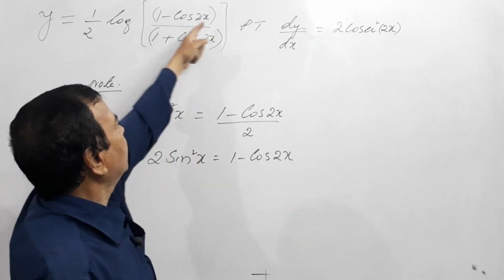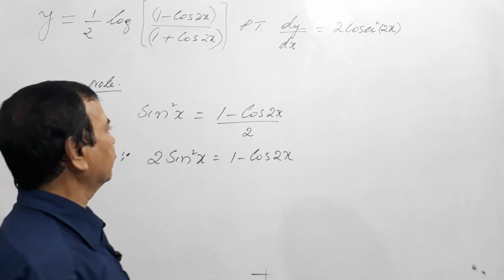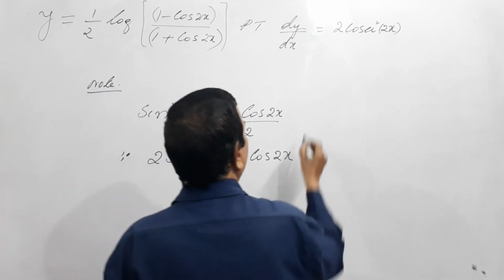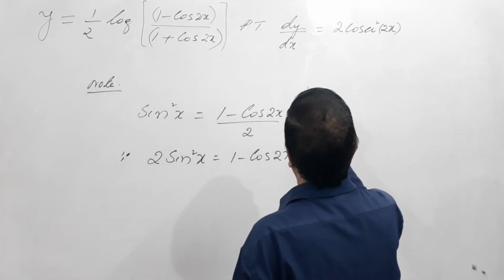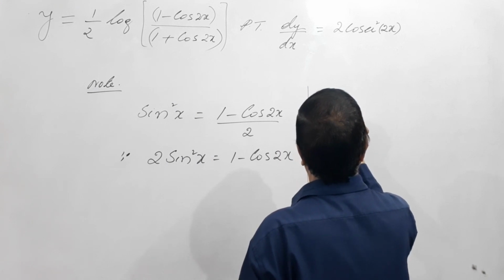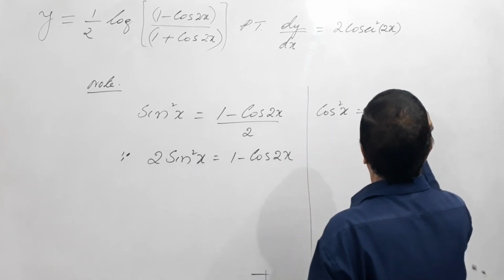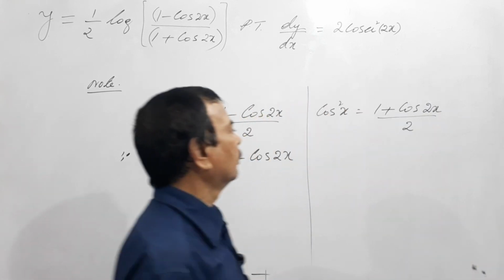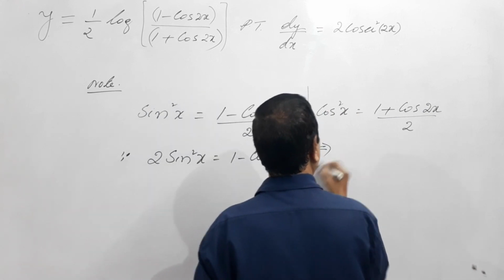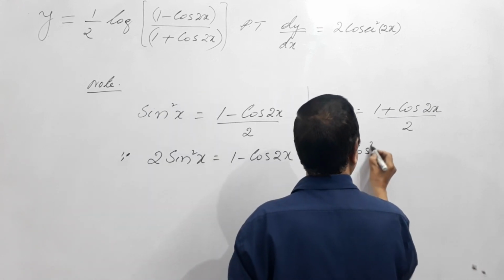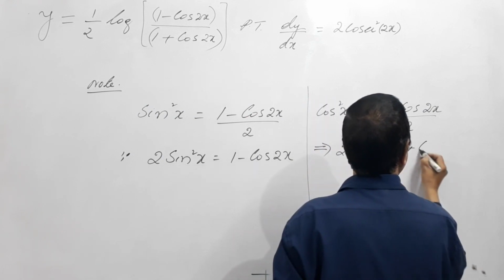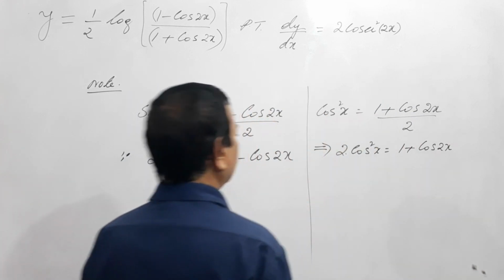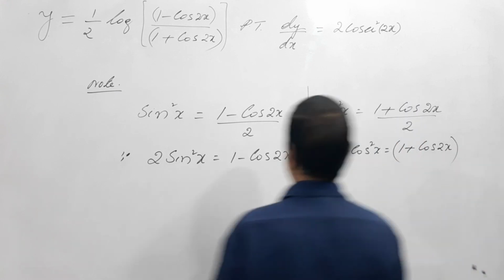So 1 minus cos 2x you can substitute as 2 sin square x. And for 1 plus cos 2x, cos square x equals 1 plus cos 2x by 2, or 2 into cos square x equals 1 plus cos 2x, by cross multiplying. This formula is very important.